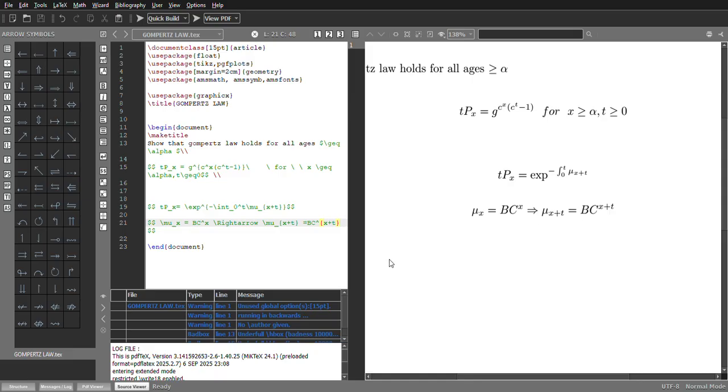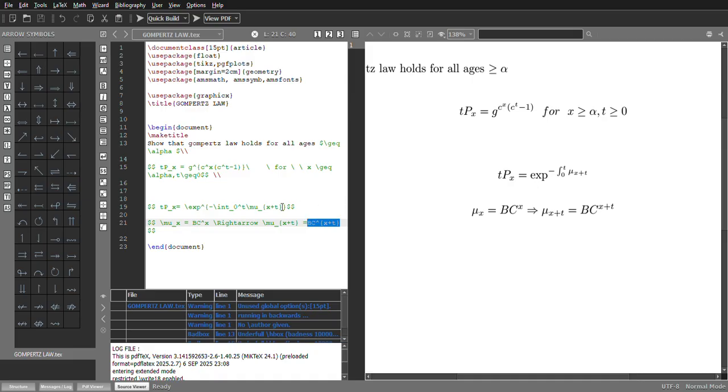So let us take that B c to the x plus t and replace it back here, where we have our mu x plus t.